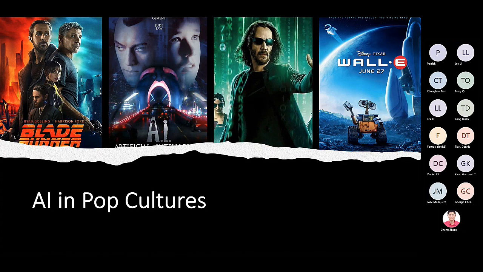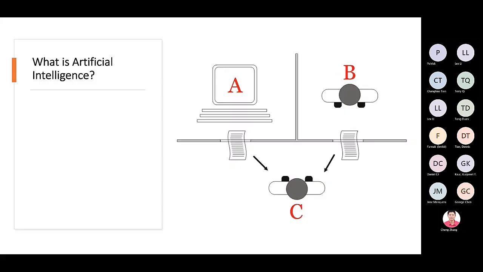So the question is always, what exactly is artificial intelligence? And here is a widely recognized test we are going to use to tell if a machine can be called artificial intelligence.